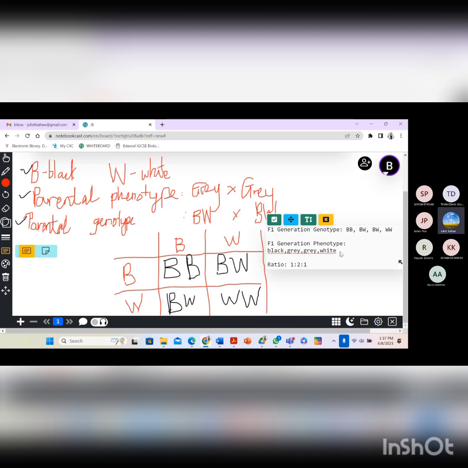So here we can see, even though the parents are gray, you have a 25% chance, or a quarter chance, that the offspring can inherit black coat color, or a 25% chance that they can inherit white coat color, or a 50% chance that they can inherit the same gray coat color.